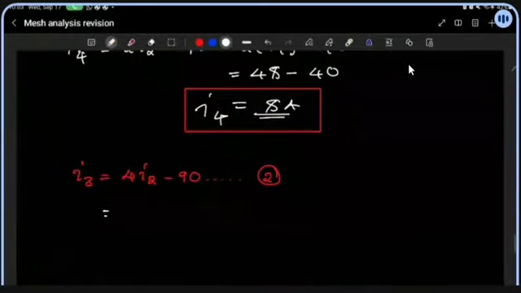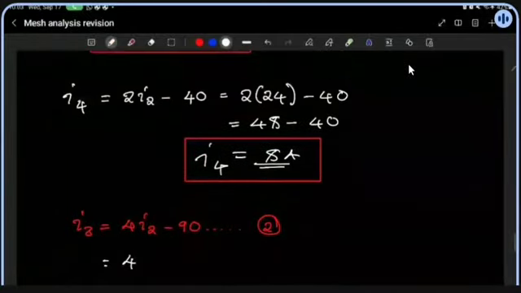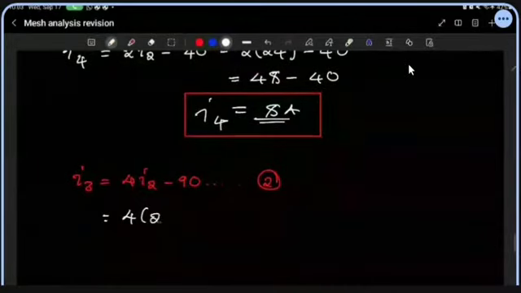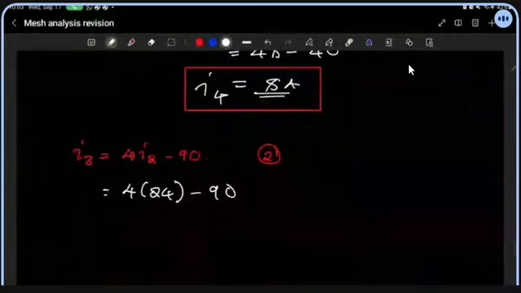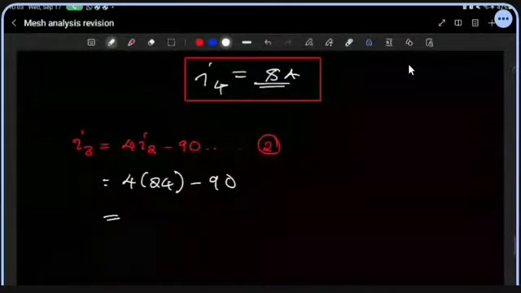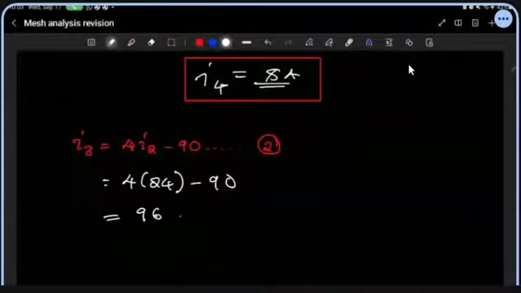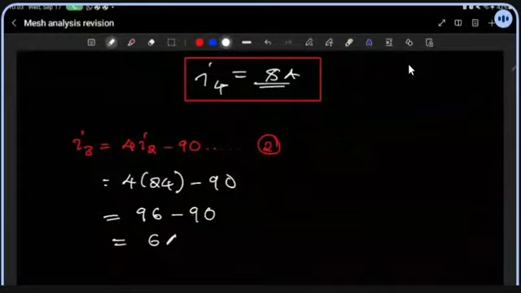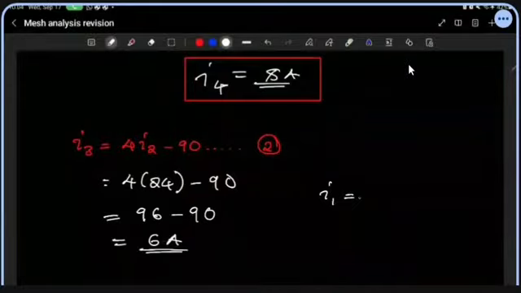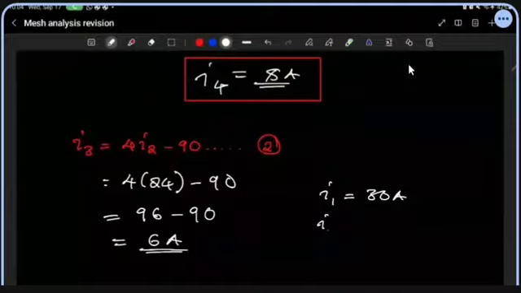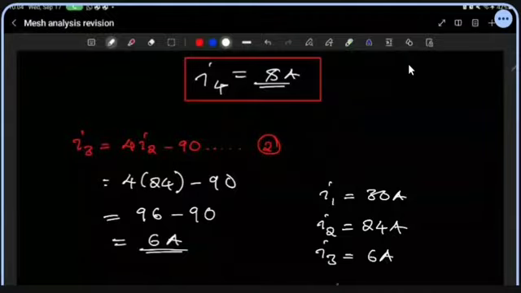So now we know what I2 is. So we have 4 times 24 minus 90. What will be the answer here? 6? Yes. Giving us 6 amps. So we now have I1, 30 amps. I2, 24 amps. I3, 6 amps. I4, 8 amps.